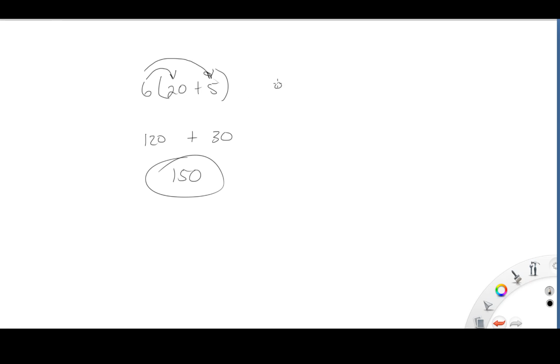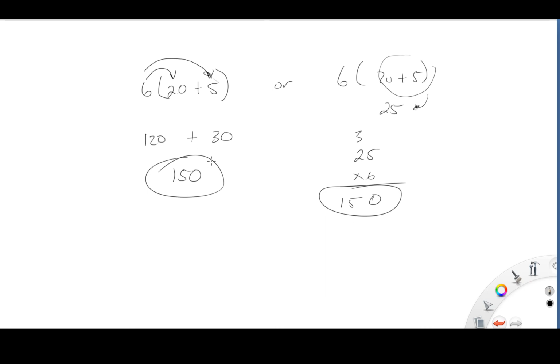Or we could do 6 times 20 plus 5. So what is 20 plus 5? Well, it's 25. 25 times 6, still come up with the same answer. So you can add what's here first, which I did here, and then multiply by 6 to come up with our 150, or 6 times 20 plus 6 times 5 and come up with it this way.